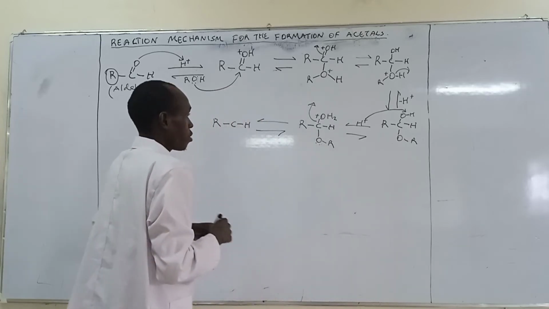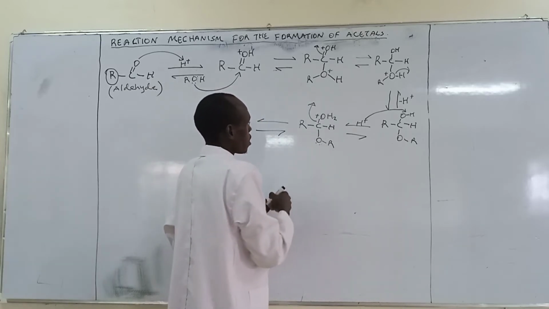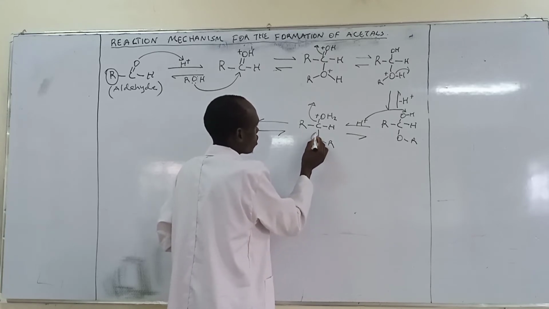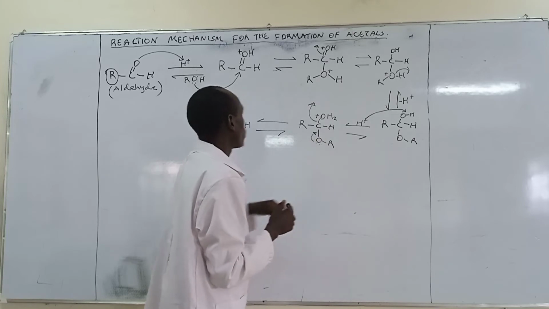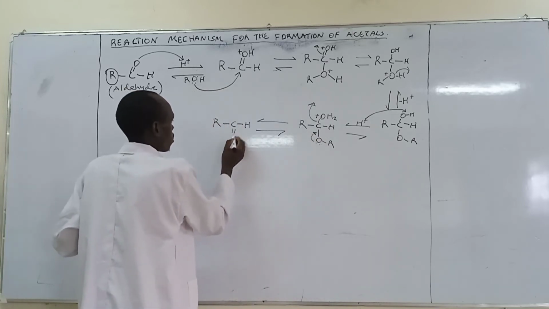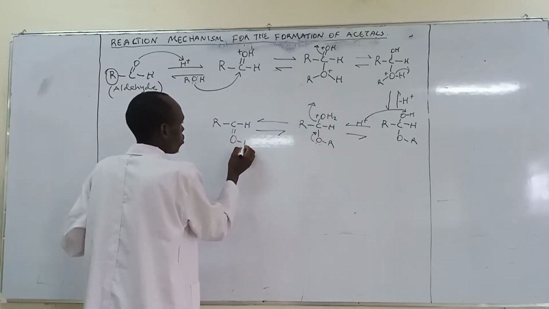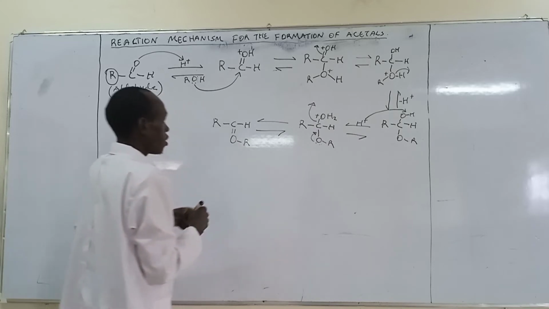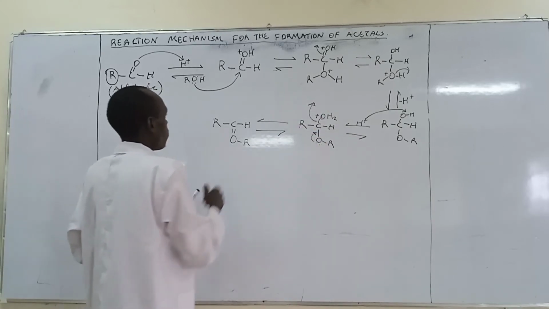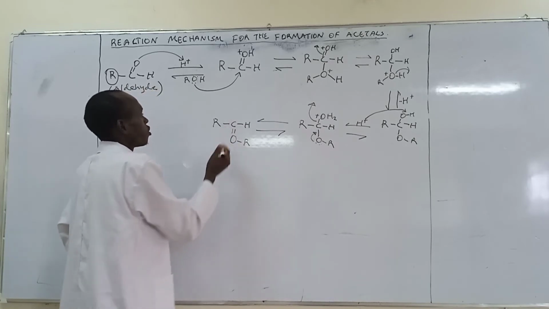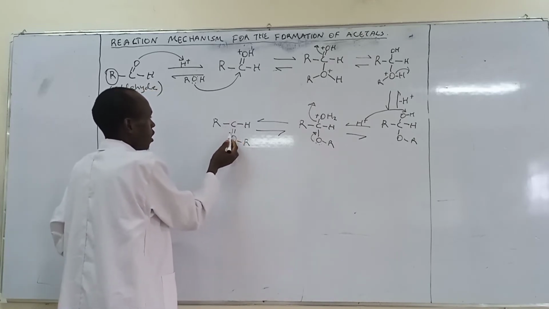There are 2 lone pairs of electrons. So this lone pair shall collapse and form a double bond here. So that we have O bonded to R like that, and this water has left, so that we have carbon with 4 bonds, 1, 2, 3, and 4.